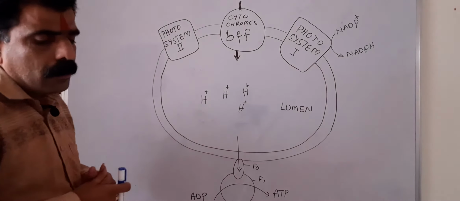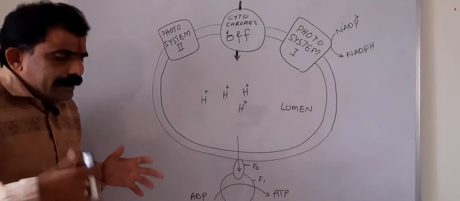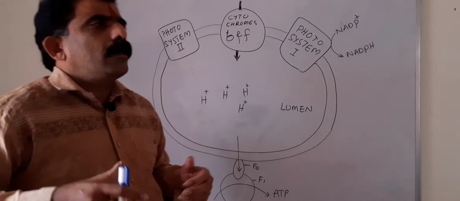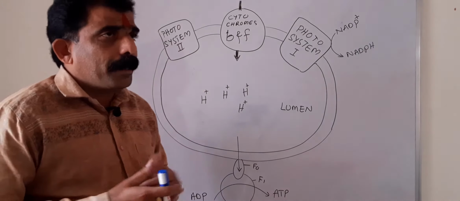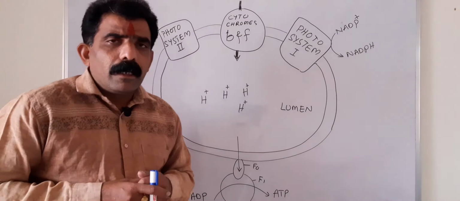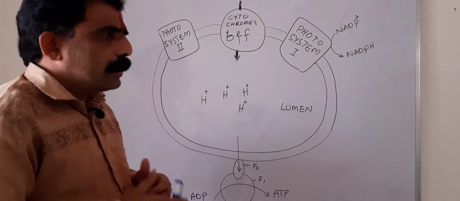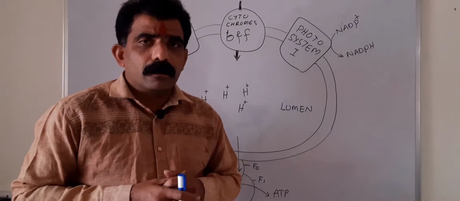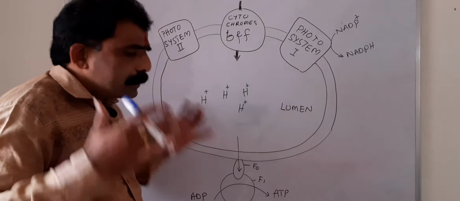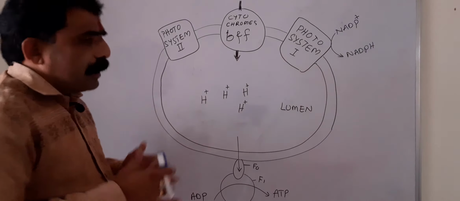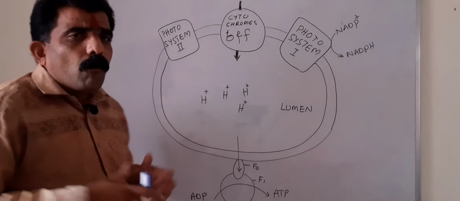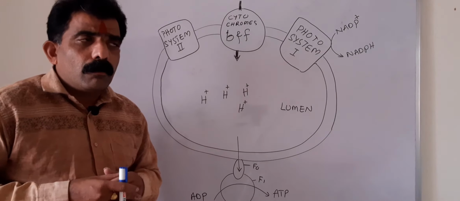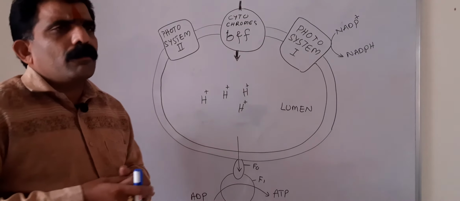Photolysis is aided by the oxygen evolving complex, which consists of manganese and calcium divalent ions and chloride ions. With the help of this OEC, water molecules undergo photolysis in the presence of light.